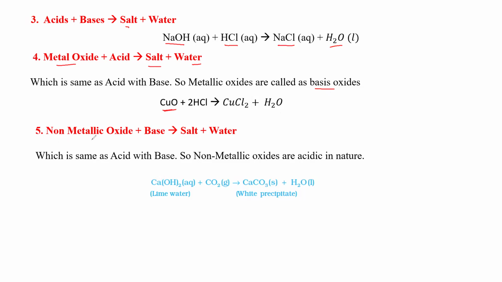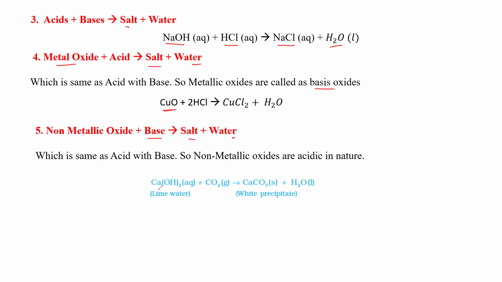Next we have non-metallic oxides. Non-metallic oxide again reacts with a base. So it is the same product here, salt and water. That means non-metallic oxide acts as acidic in nature. That's why non-metallic oxide is also called acidic in nature.